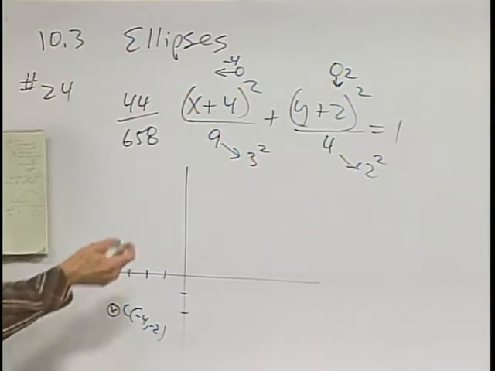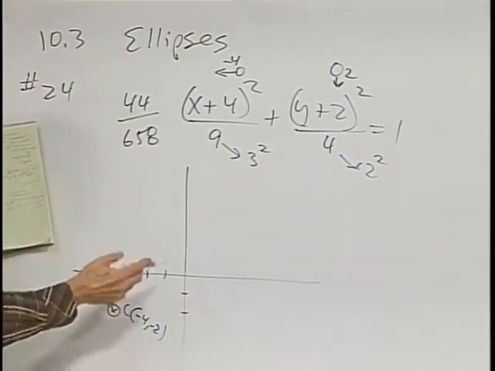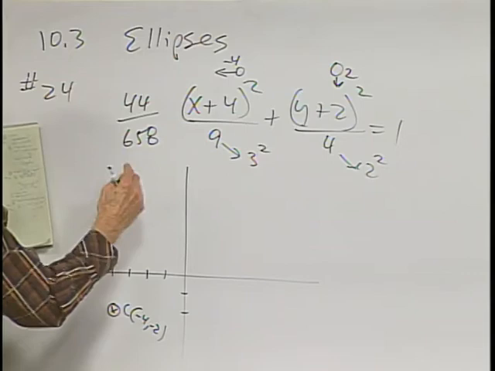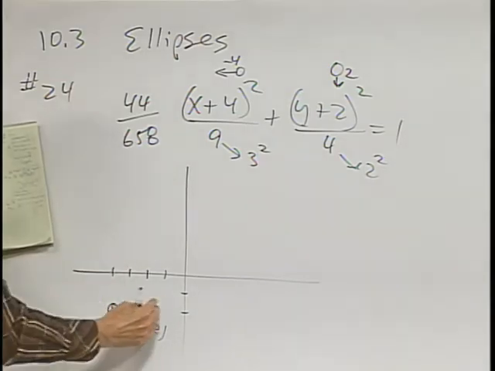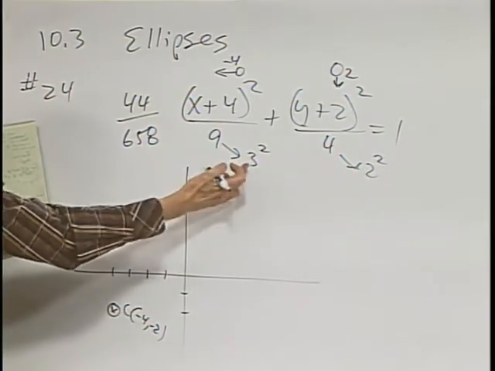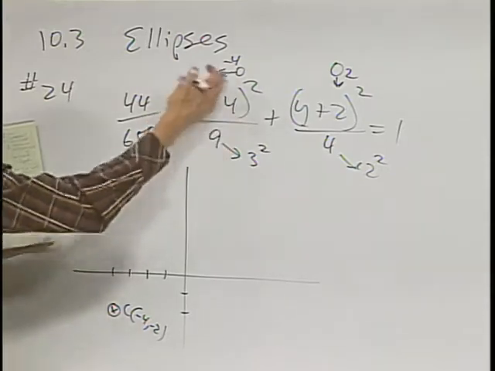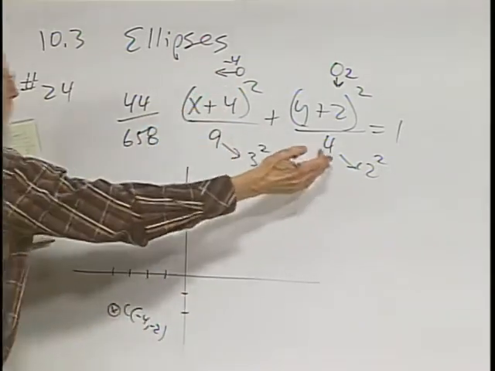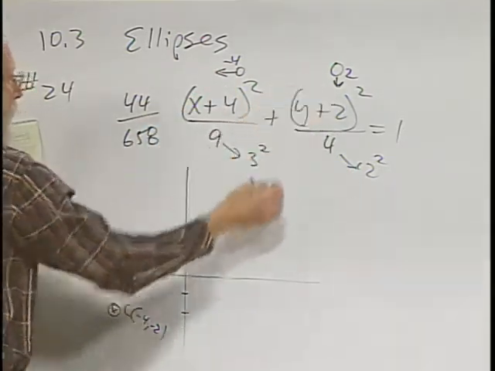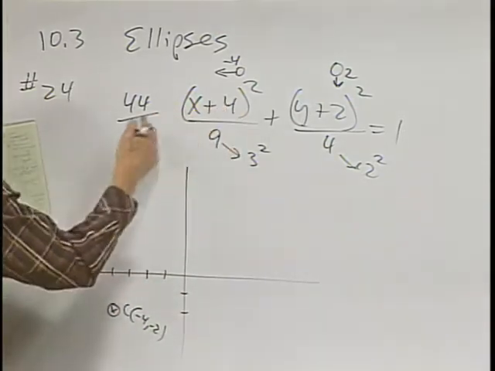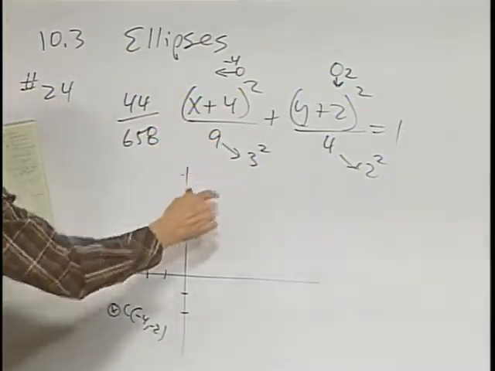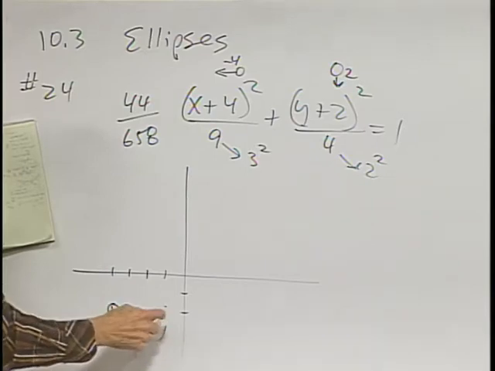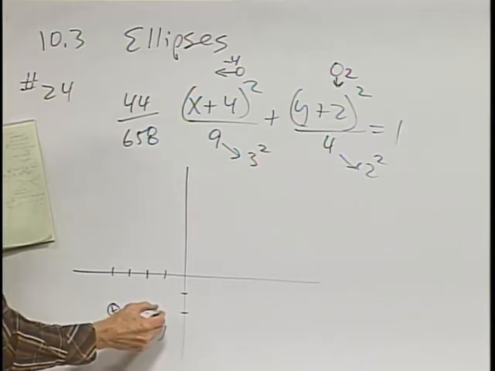The graph of the ellipse is going to be in a domain that is 3 to the right and left. Notice that this 3 squared is tied in with the x term here, and 2 squared is tied in with the y term. So related to x, that's your left and right information. 3 to the left and right of this center sets up the domain for this relationship.